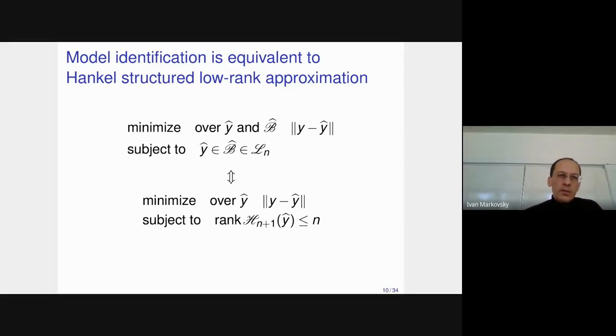This imbalance between the size of data and the number of parameters is very important, because it allows us to design efficient methods that are basically eliminating the variable y hat. So in this optimization problem, first we need to parameterize the rank constraint, typically with a basis for the kernel.